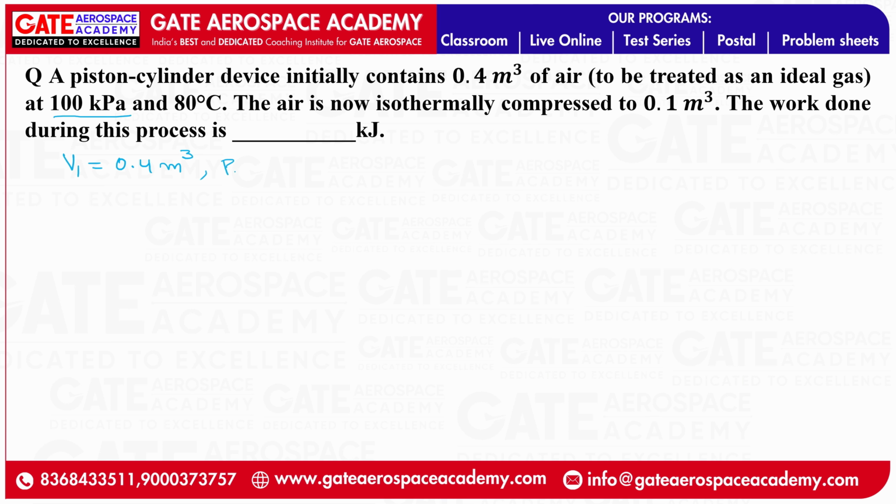So P1 is equal to 100 kilopascal, that is 10 raised to power 3 Pascal, Newton per meter square, and 80 degree Celsius. So temperature T1 is equal to 80 degree Celsius. What will be temperature T1 in Kelvin? T1 is equal to 80 plus 273, correct? That will be equal to 253 Kelvin.